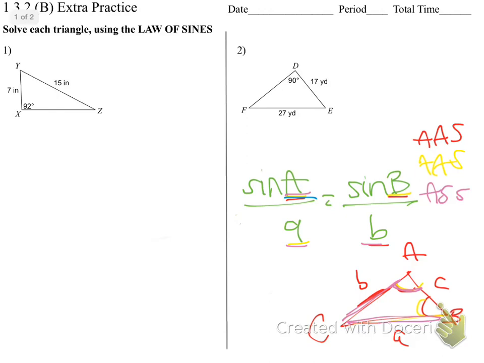If we are missing the A, we know angle B, and we know B, B, A. That's still angle, side. So basically, it works for angle, side, and angle, side. Okay, so we've just figured out that the law of sines works for angle, angle, side and for angle, side, angle.